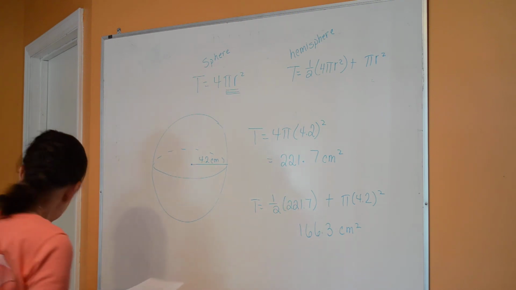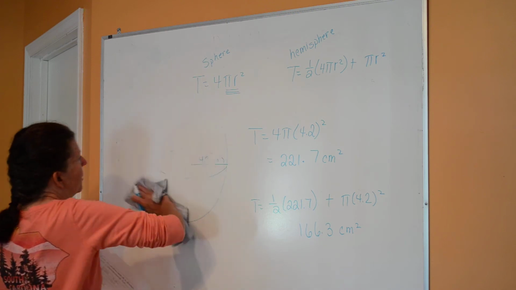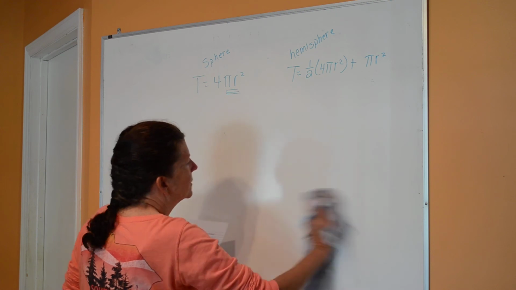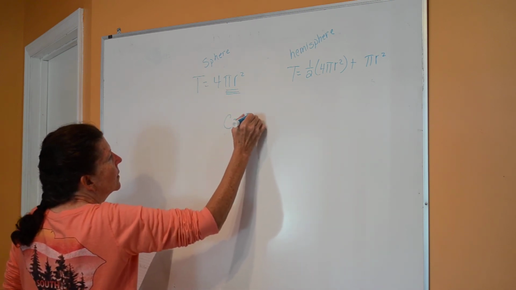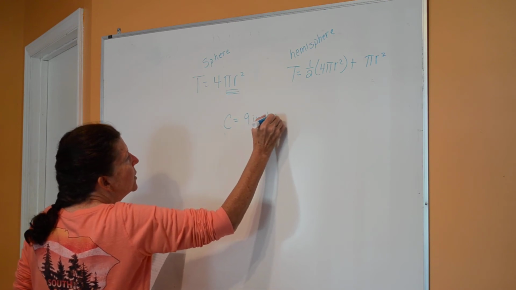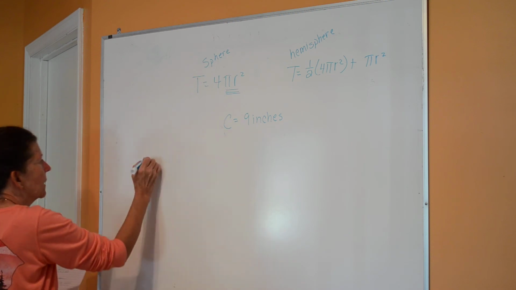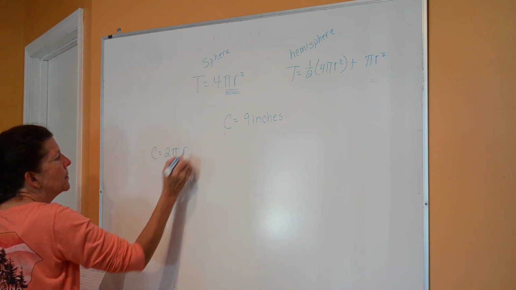All right, let's say I want to find the surface area of a baseball. And I know this baseball has a circumference of 9 inches. Okay, now I'm going to have to use that circumference to be able to find the radius so I can plug it back in. So remember, circumference is 2 times pi times r.